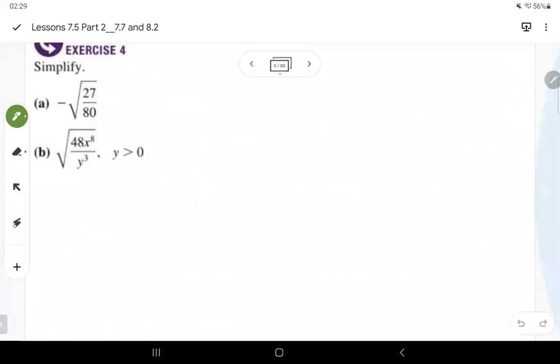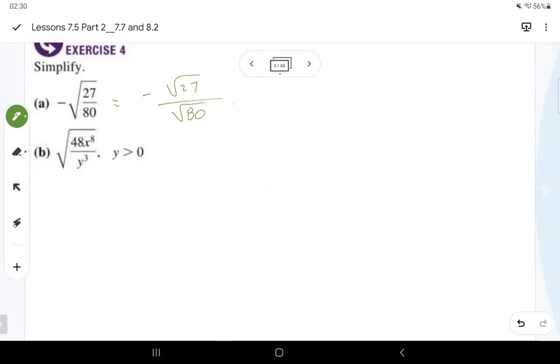All right, so what we have to do here is, if we use our quotient rule, we have negative square root of 27 over 80. So it's all in kind of how you want to see things. I like to simplify first.